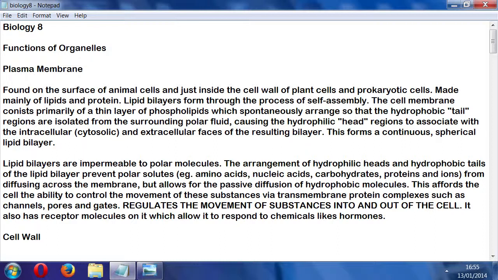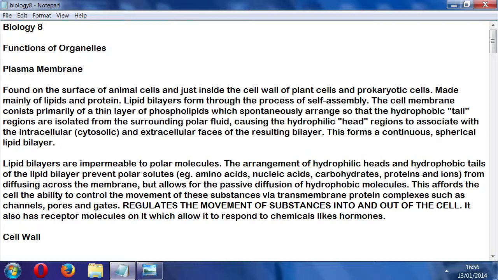The structure will be that I go through the text section first, then I'll show what images I have, if any, for that particular organelle, and then we'll go through the text section again for the next organelle. So that's going to be the structure of this episode.